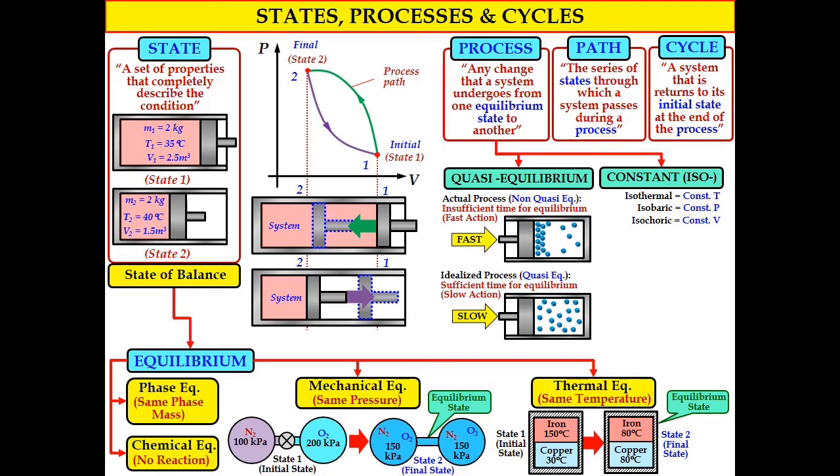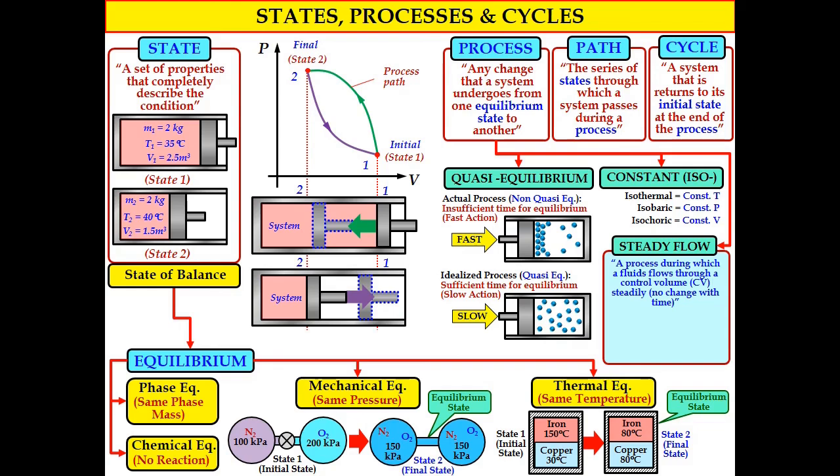Okay, the last type of process that we need to know is the steady flow process. The steady flow process refers to a process during which a fluid flows through a control volume. This control volume refers to an open system. Steadily means no change with time, so the properties will not change with time.